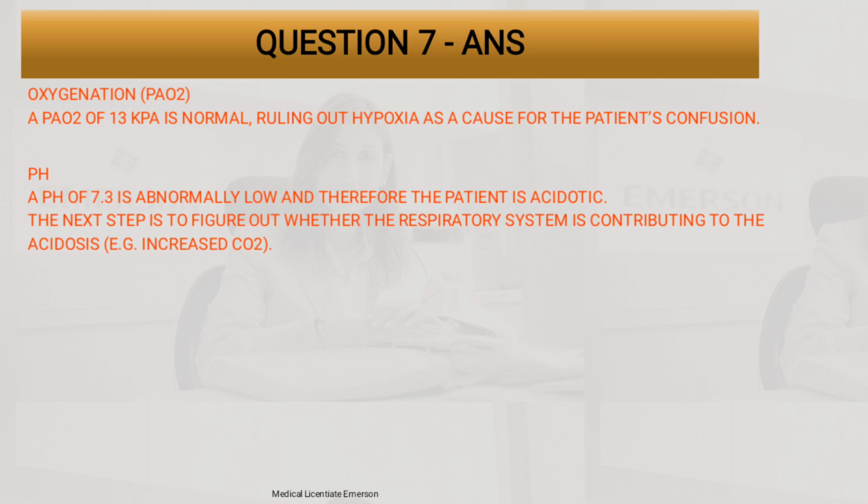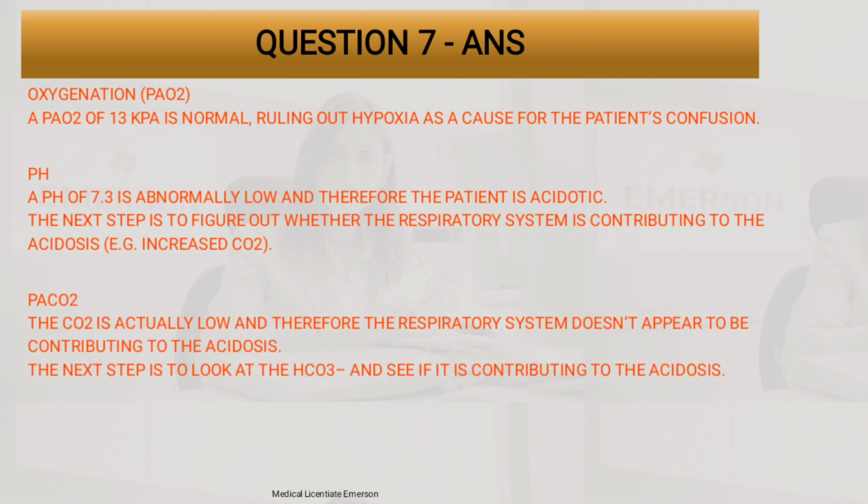The next step is to figure out whether the respiratory system is contributing to the acidosis. So if there is increased carbon dioxide, then the respiratory system would be contributing to the acidosis.